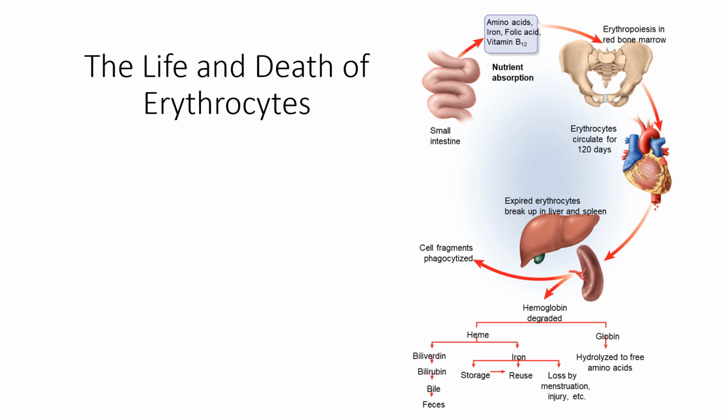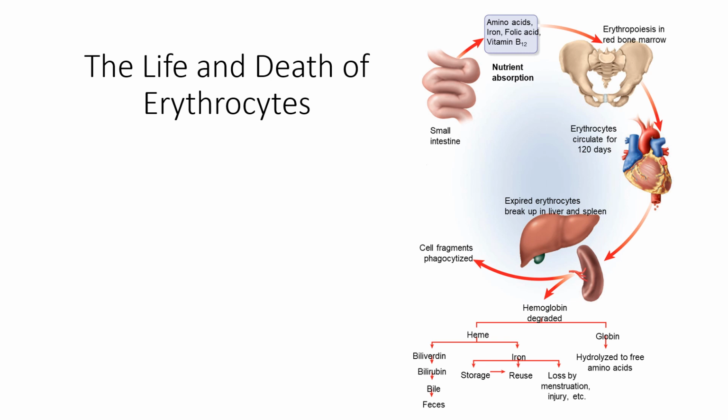Remember, poiesis meaning production, erythro meaning erythrocytes. So erythrocyte production, erythropoiesis. The erythrocytes then can circulate in the blood for up to 120 days.